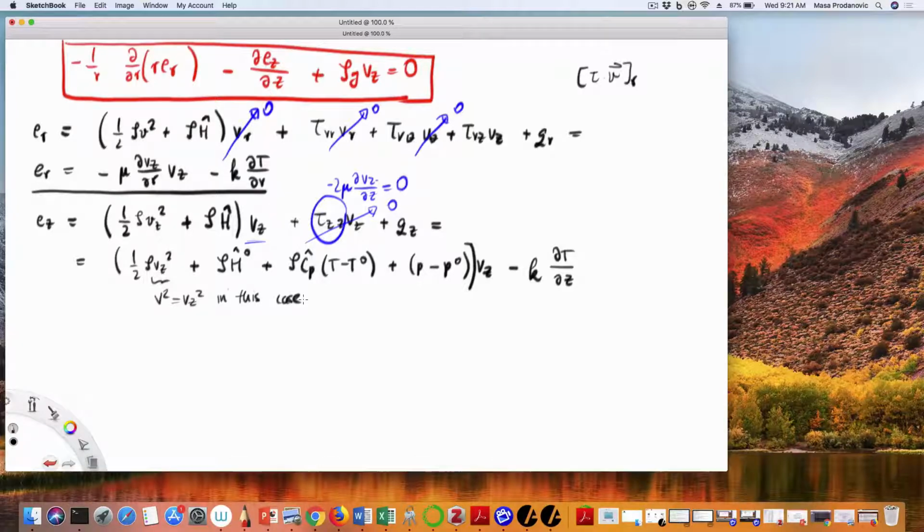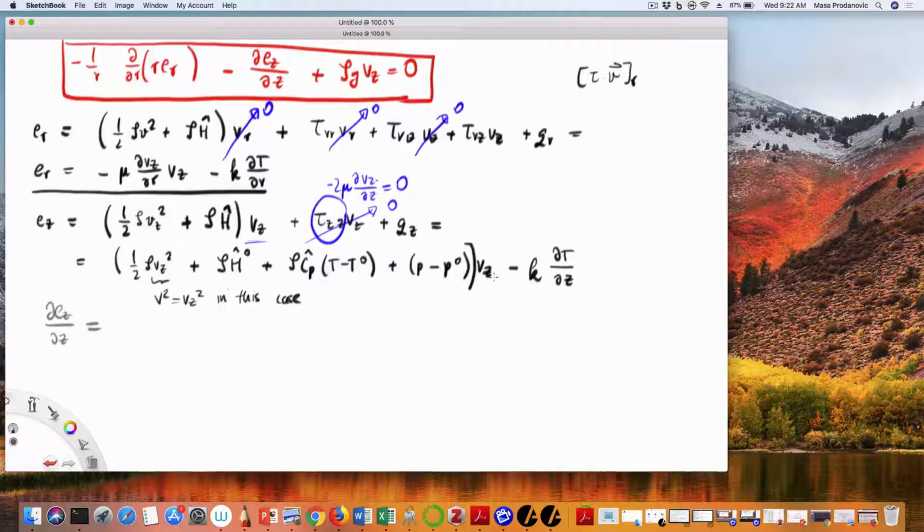Okay, so let's put things in. I'm going back from here. This one is a pretty long term, so what I'm actually going to do is immediately take a look at what's going to go to 0 if I do the partial derivative with respect to z.